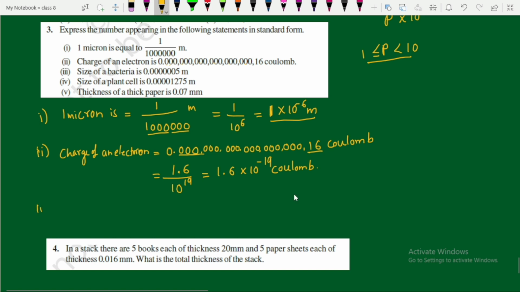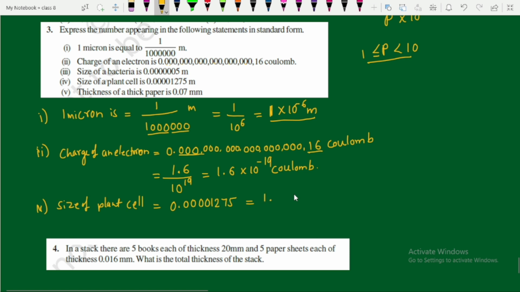We'll do the last one of these, the size of the plant cell. The remaining two questions you can try yourself. The size of the plant cell is given as 0.000125. To write it in standard form, the decimal point should be between 1 and 2.